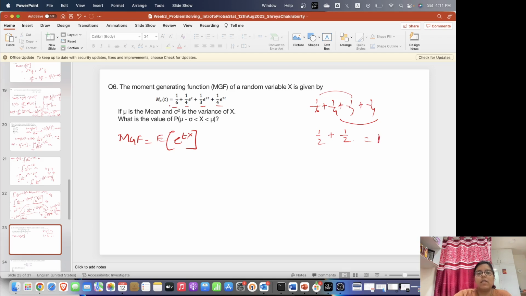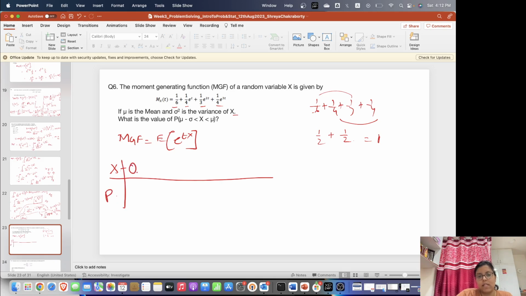Alright, so in some way, we can write the values that x is taking and the corresponding probabilities. Let's say this is x and this is my probability.